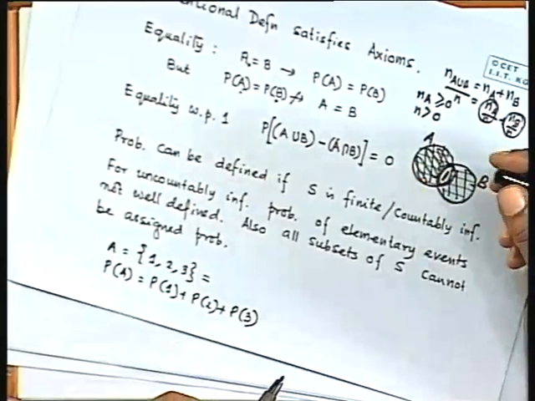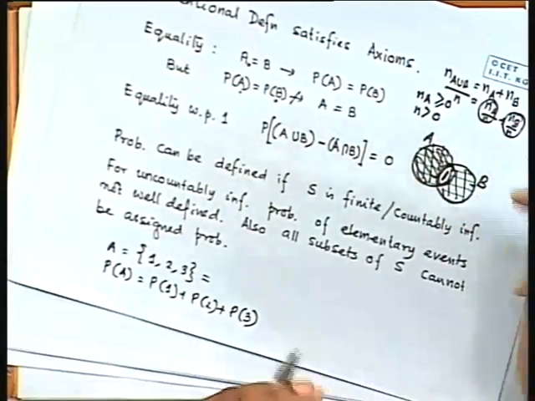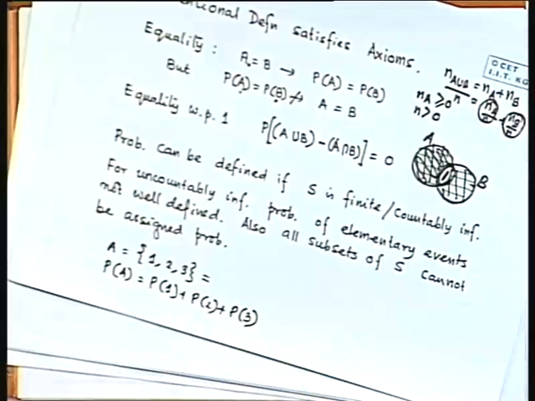So in this way you can assign probability to elementary events and simply add them up, and you will get the probability of the event. But the point is, when can you do it? Can I do it in all cases? For example, if your probability space is the real line, then can you do it?